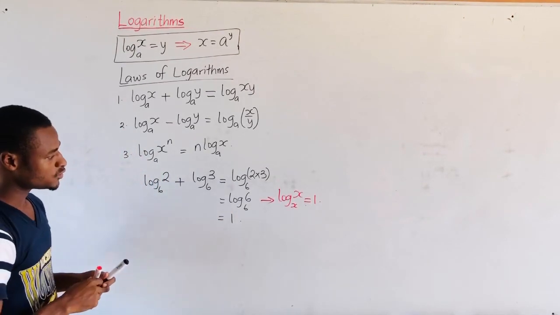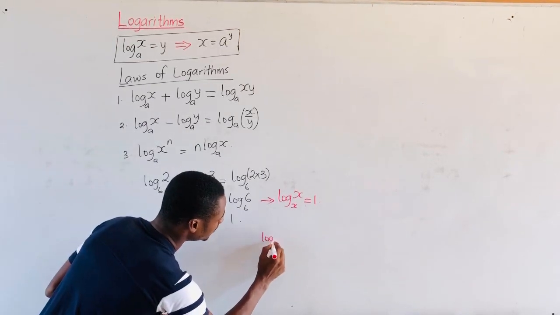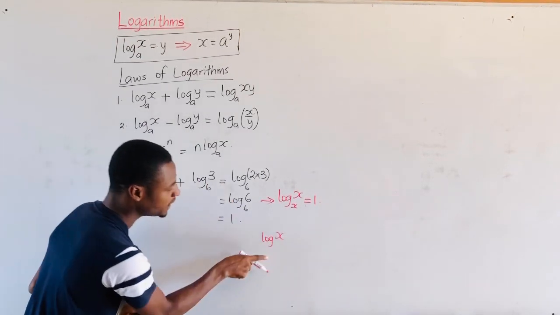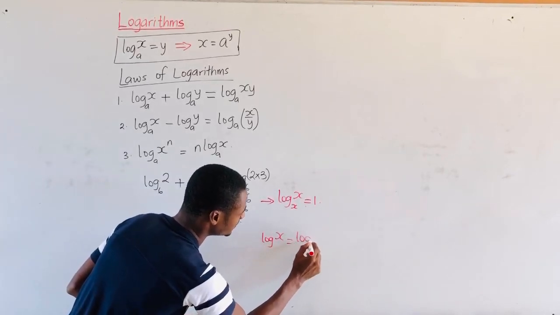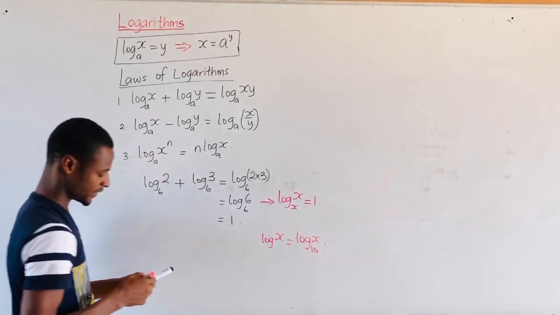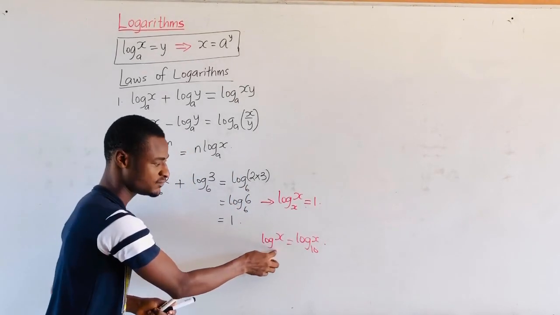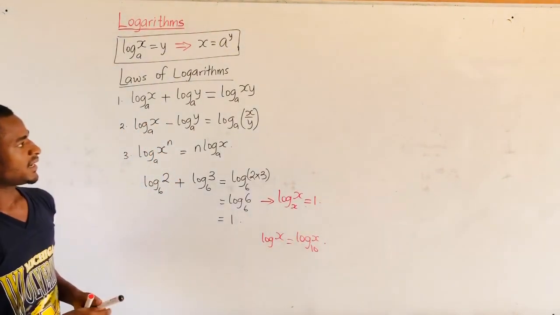Then note also that if we have the log of a number without a base, then the base of that logarithm is 10. The log of a number without a base means log to the base 10 of that number.